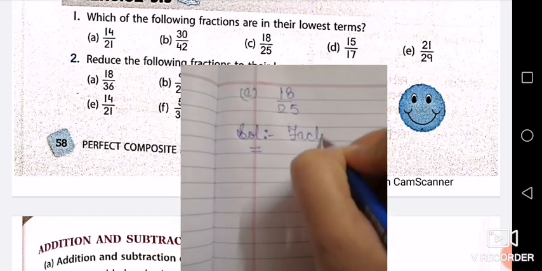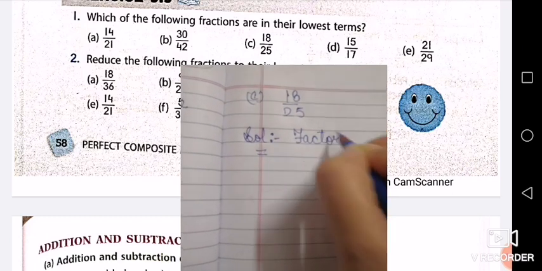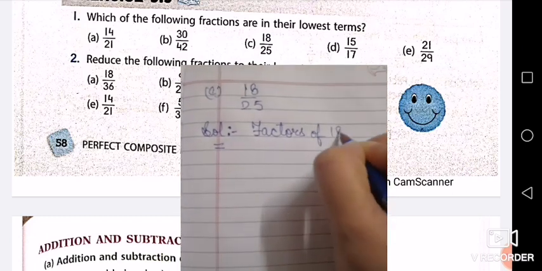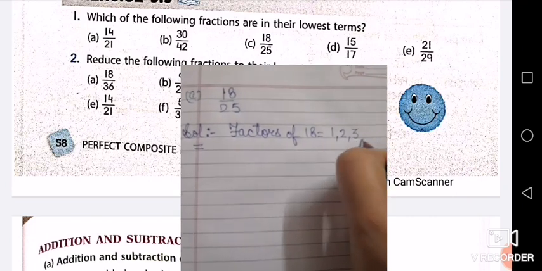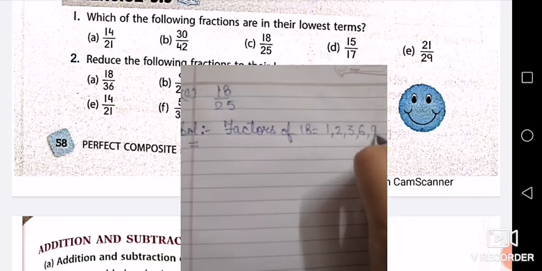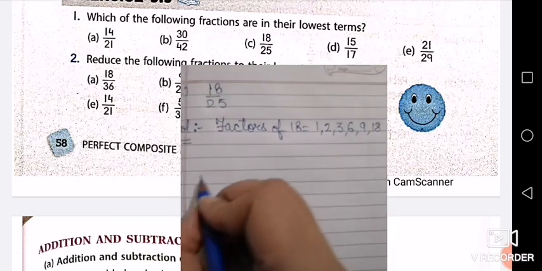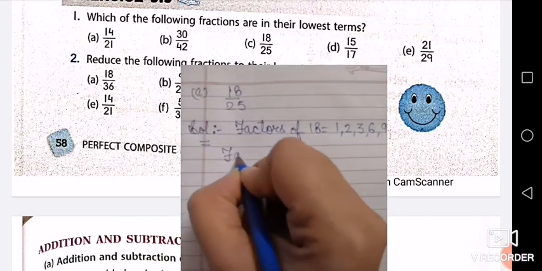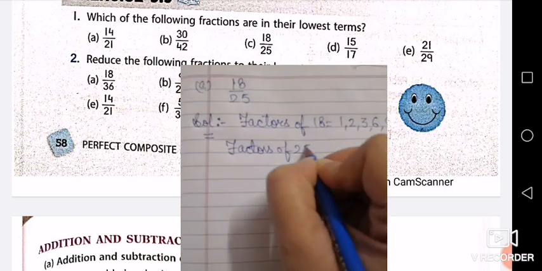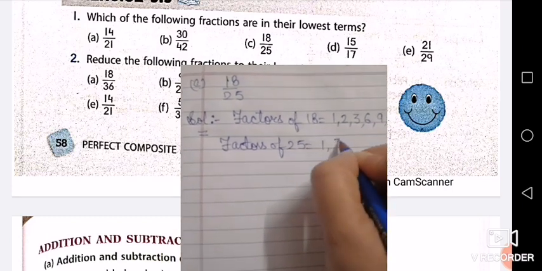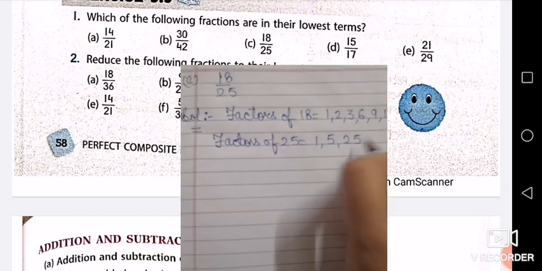Now factors of 18 we will write. What are the factors of 18? 1, 2, 3, 6, 9 and 18 itself. Now factors of 25 we will write. Now 1, 5 and 25 itself.